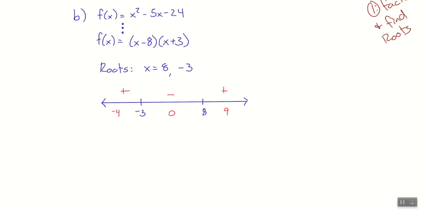Now, from here, last little piece, I'm just going to write the answer, and you guys are cool to go. F of x is positive from negative infinity, to where? And? Good. And negative. Looks like it was only between -3 and 8.